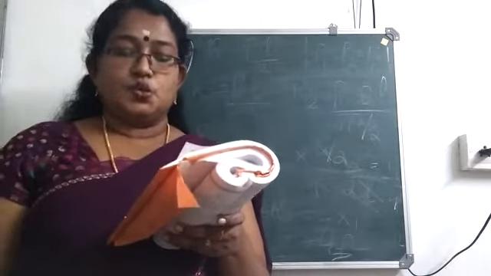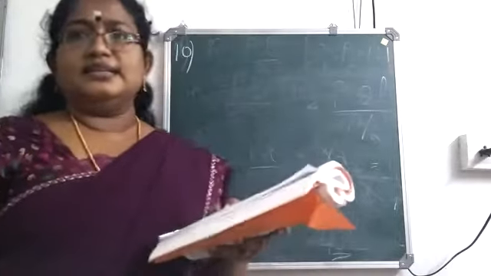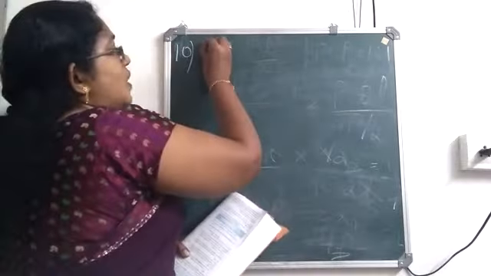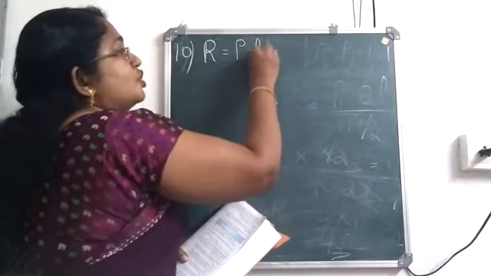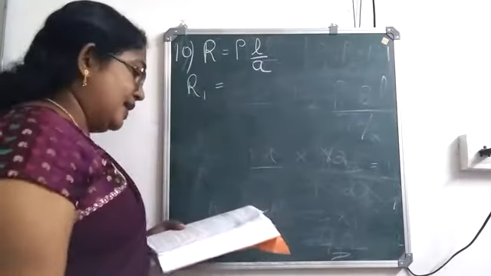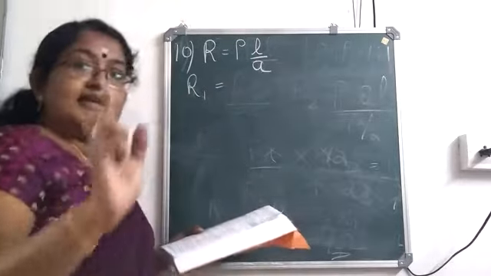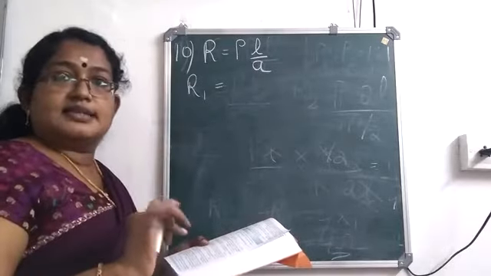Assuming that it has a uniform cross section, what will be the new resistance? Similar thing. So here also our standard equation is R is equal to rho into L by A. Now what is the first case given here? We'll take the resistance in the last step, we'll consider it later.